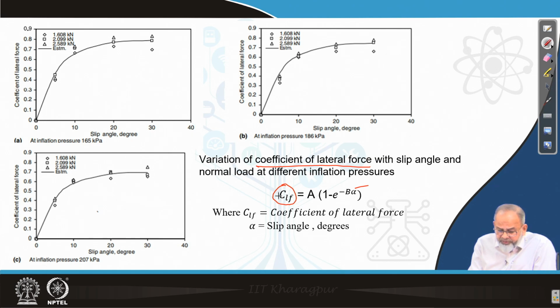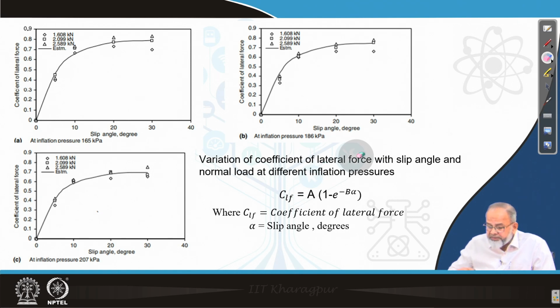So now it becomes easier for us to estimate the lateral force, because if CLF is related to alpha by a simple equation, if you know alpha, then you can estimate the coefficient of lateral force, provided we know the values of A and B. So, we try to find out now what are the values of A and B.